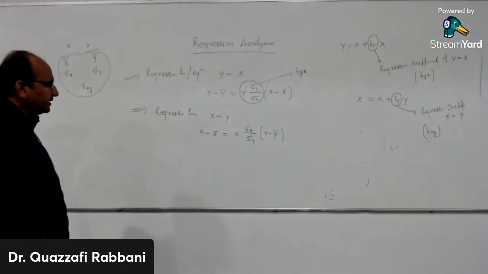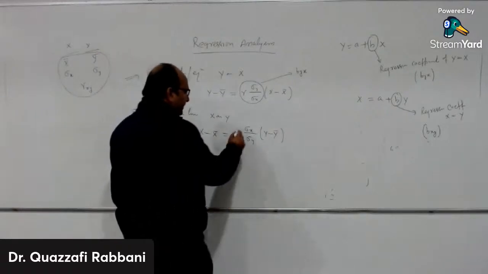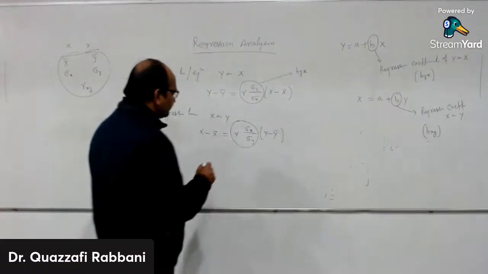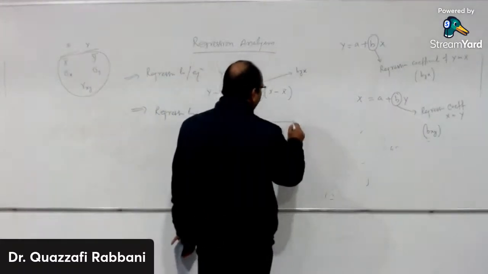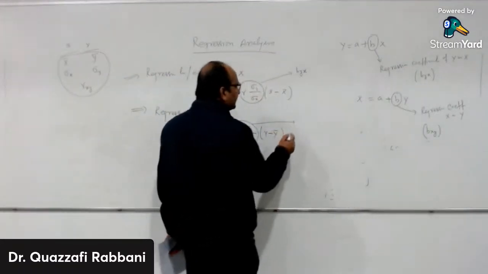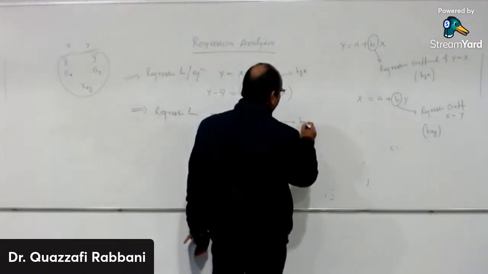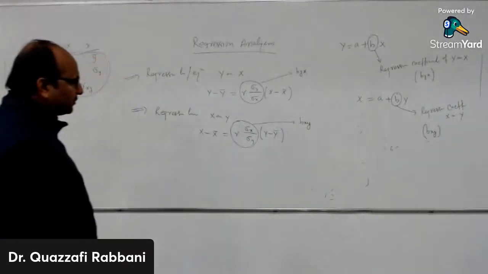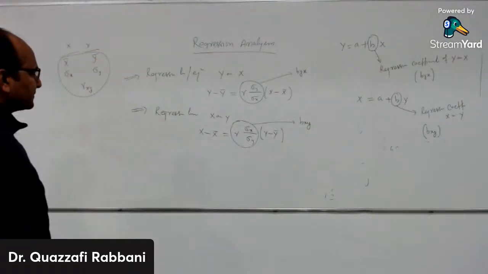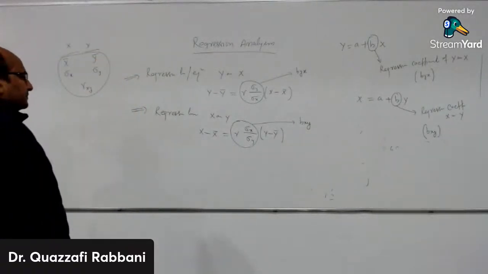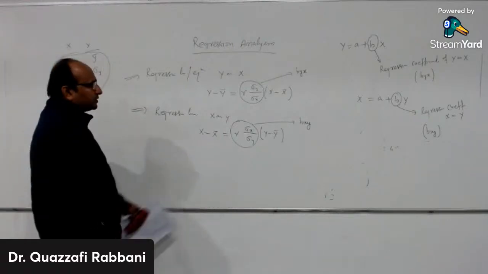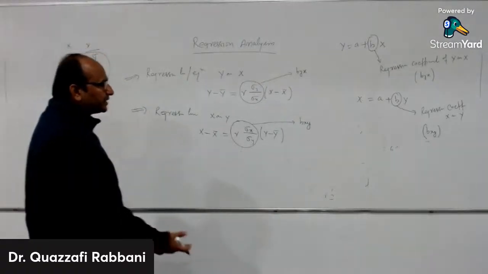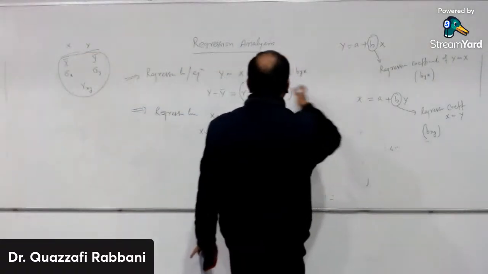This is the regression line x on y, and this quantity is the regression coefficient x on y. So you can use either this equation or this equation.